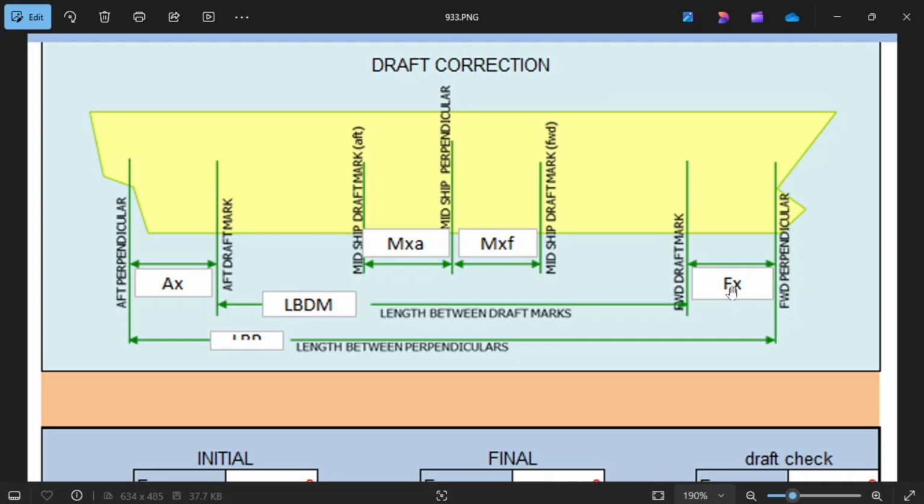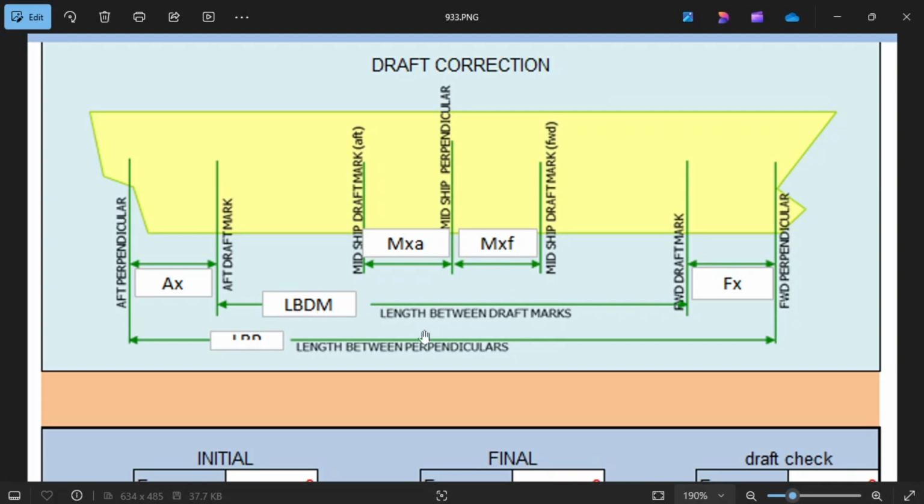This is used for draft solving. And you have here on the up part your up perpendicular, and you have your draft mark up. The distance between up perpendicular and your draft mark up will be your up correction. Okay? So the distance between draft mark up and draft mark forward is what you call length between draft marks.